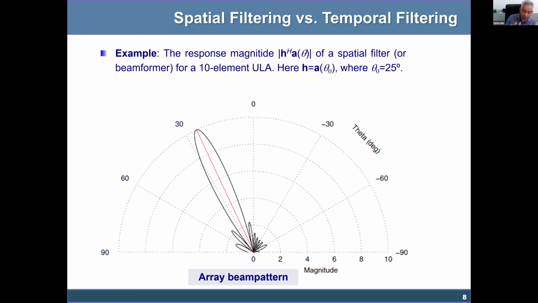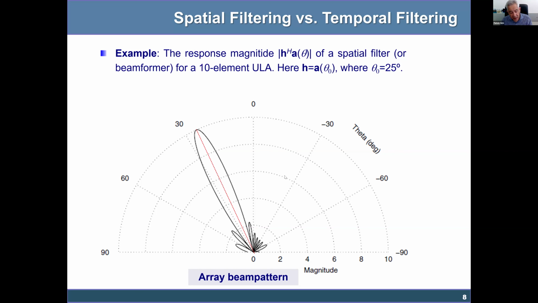Instead, temporal processing is a way to implement selectivity in the frequency domain. But if you understand temporal processing and selectivity in the frequency domain, you should also understand that spatial processing allows to introduce selectivity in the angle domain.